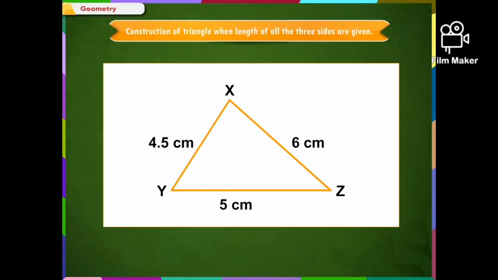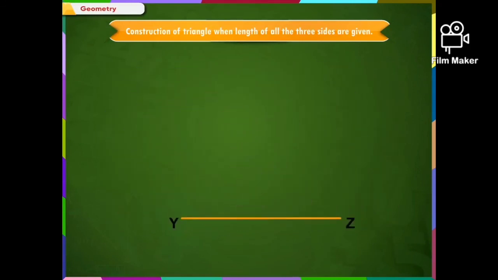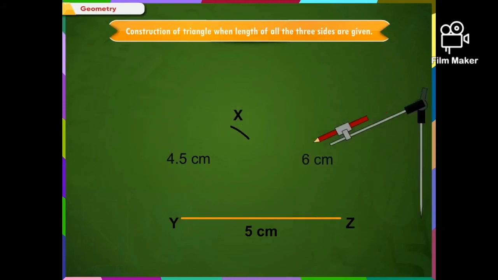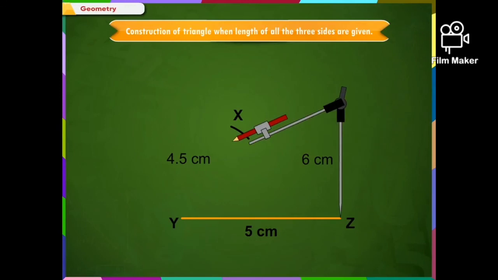Step 1. From the rough figure, it is clear that first we have to draw a line YZ of length 5 cm. Step 2. From Y, point X is at a distance of 4.5 cm. So, with Y as center, draw an arc of radius 4.5 cm. Step 3. From Z, point X is at a distance of 6 cm.